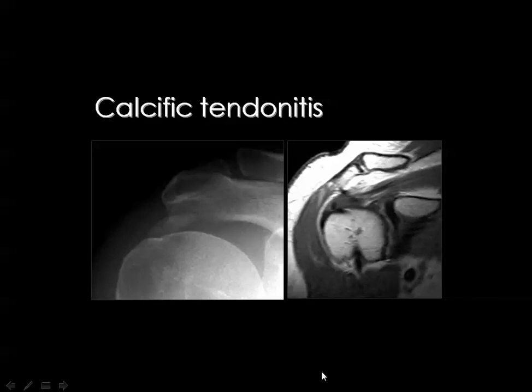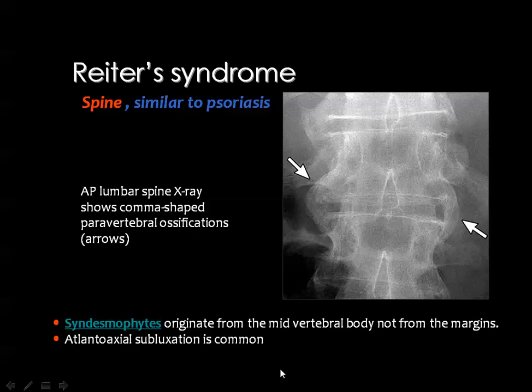You know that MRI is less sensitive for the detection of calcium compared to the plain X-ray and the CT scan.